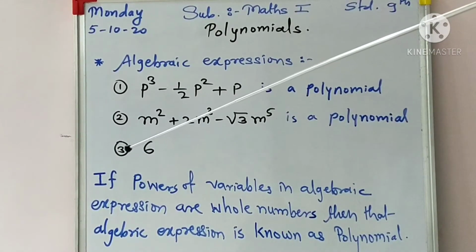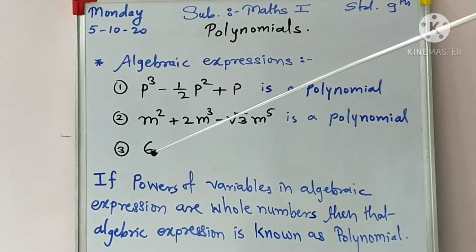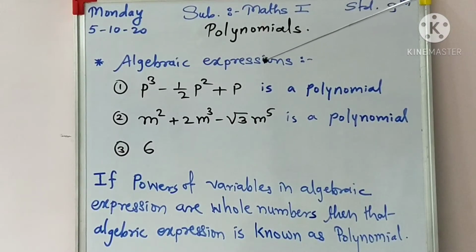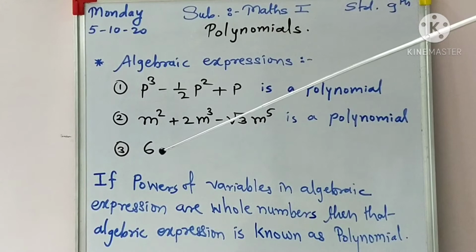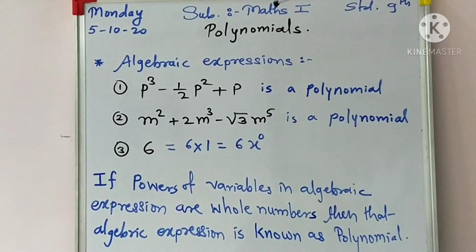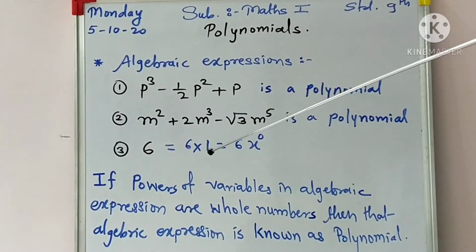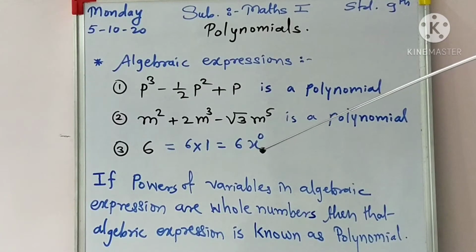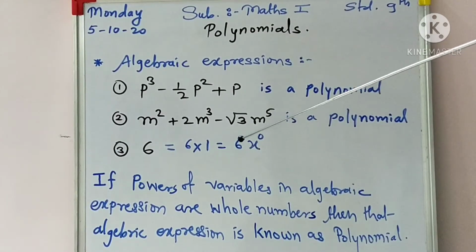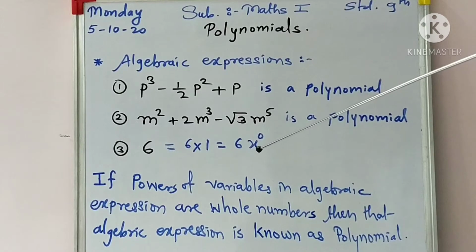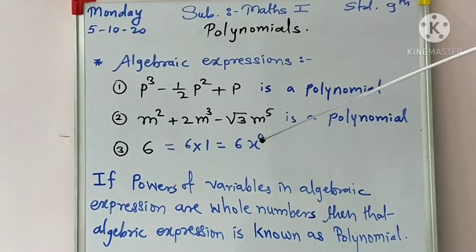For the third example, the constant term is 6, which is an algebraic expression, and for a constant term we write 6 as 6 into 1, as 6 ones are 6, and that 1 we can express in terms of a variable, say x, by taking its power or index as 0.